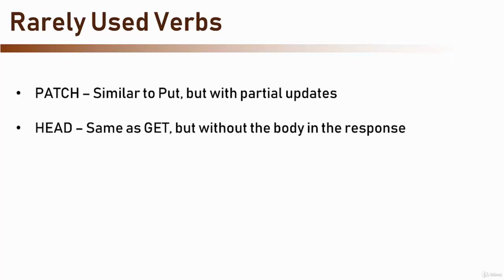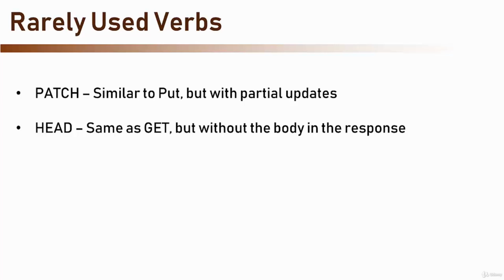The next one is HEAD. HEAD is similar to GET, but without the body in the response. So if you remember, when sending a GET request, we usually get a body in the response, and the body contains the data that we asked for. For example, the entity or the entities, if we asked for a list of entities.